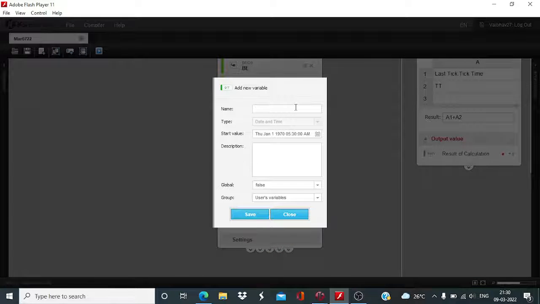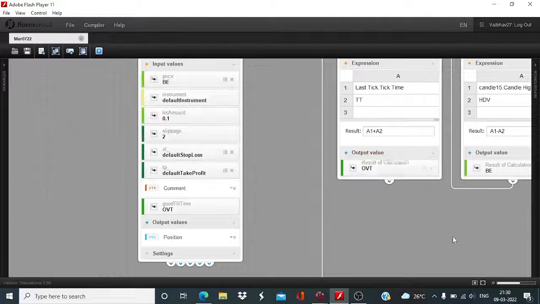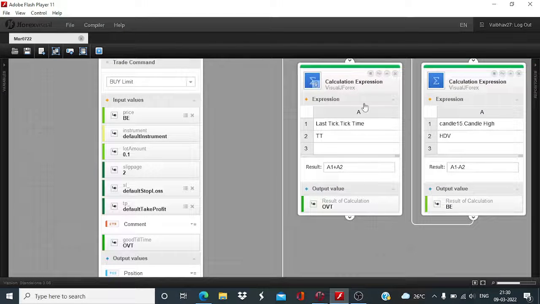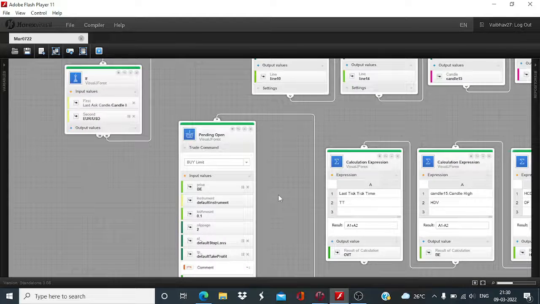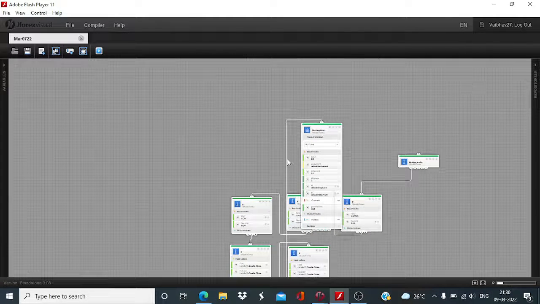I will name this variable OVT, and its value is going to be derived from this calculation. Okay, so now we are done with the order validity.